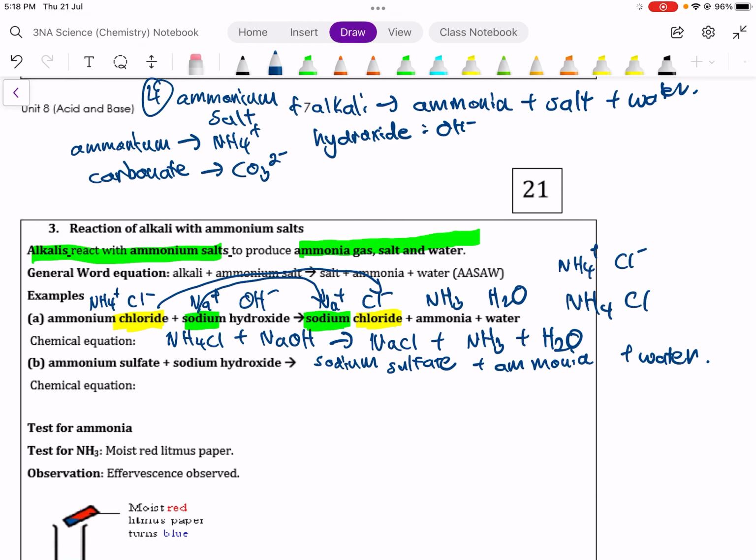This reaction I usually like to call AASW. Then you also have ammonium NH4+, and nitrate, NO3-.